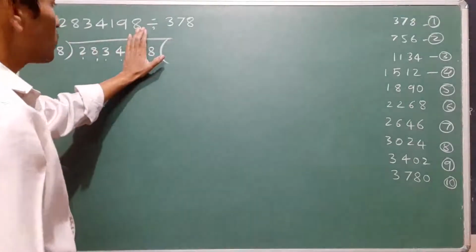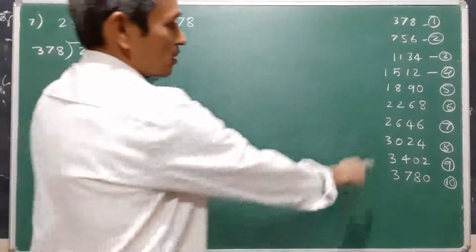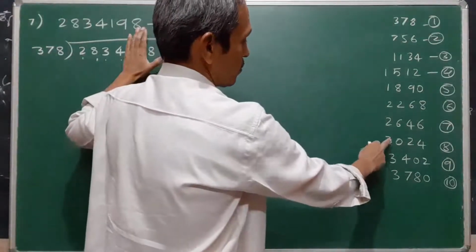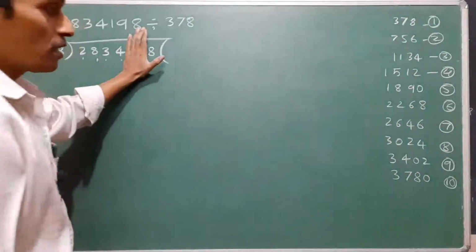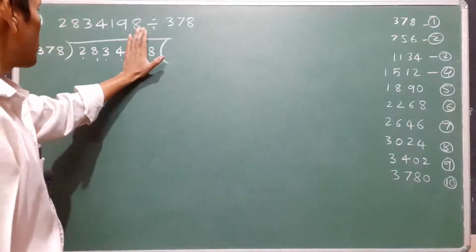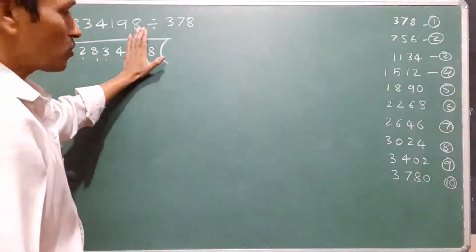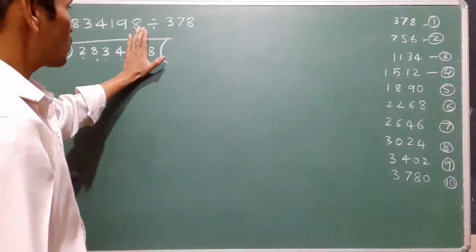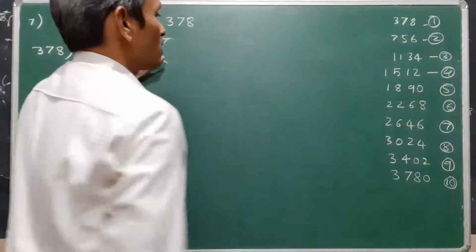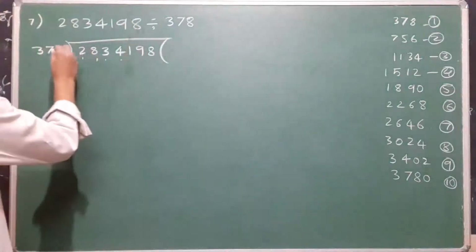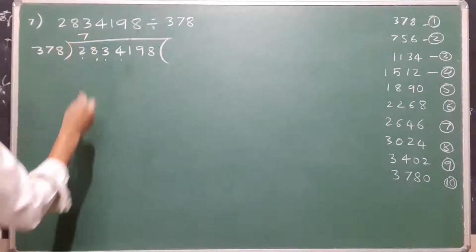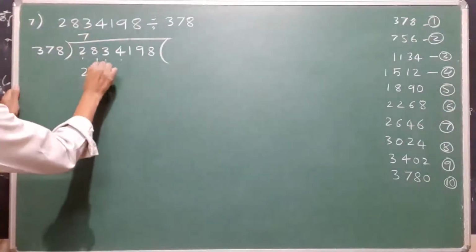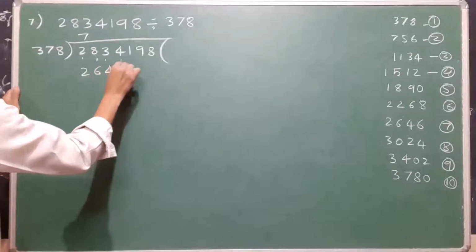2834 is not there. 3024 is there, that is greater than 2834. So just less than 2834 is 2646, that is 378 sevens are 2646.